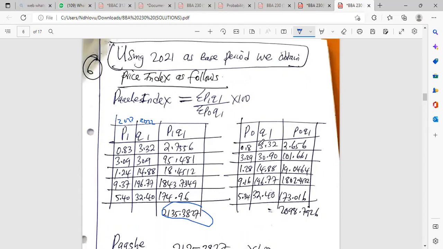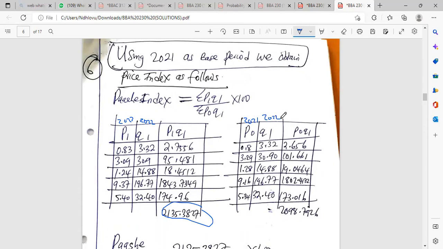And then the P0 Q1, the P0 is that of 2021, and this one is 2022. So this is how we are getting these values.